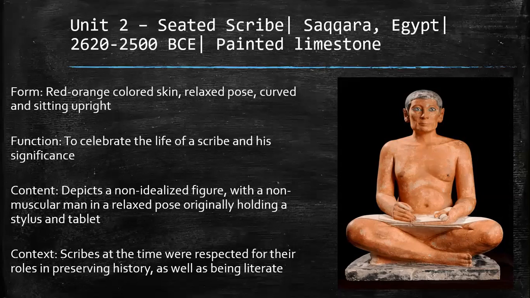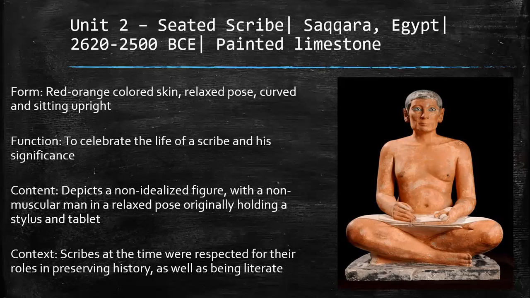For the Seated Scribe, you can see he has red-orange skin. He's very relaxed, he's sitting upright, and he doesn't seem idealized at all. He's actually quite chubby, and that would suggest that he had a more relaxed lifestyle. He wasn't really active, and this was made to commemorate a scribe in Egypt, because scribes back then were seen as very notable because they were literate and not many people were literate.